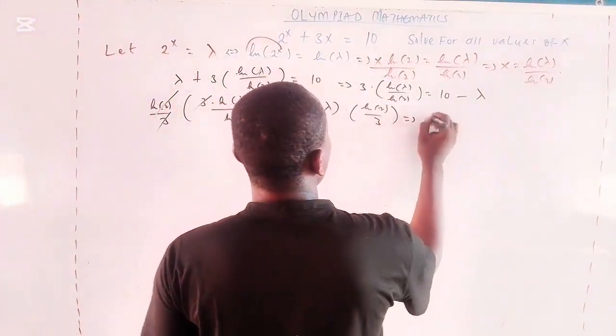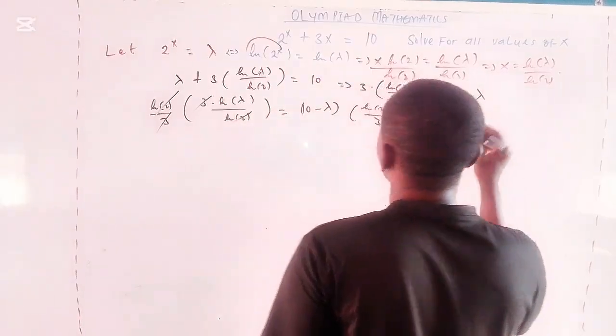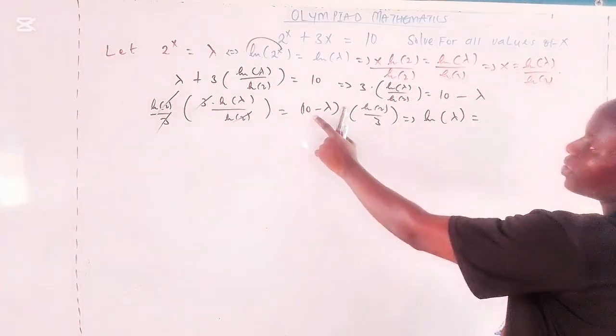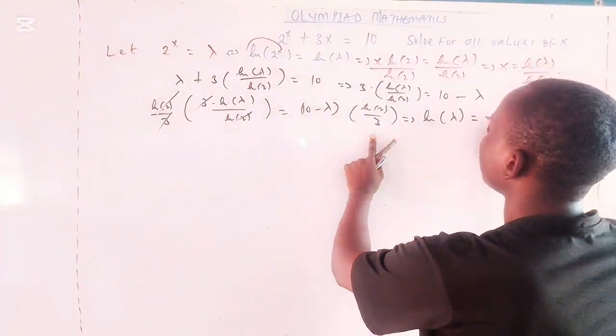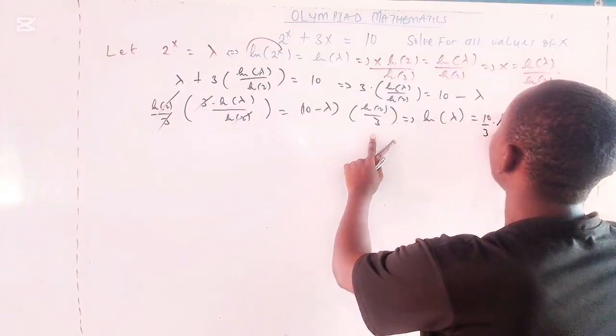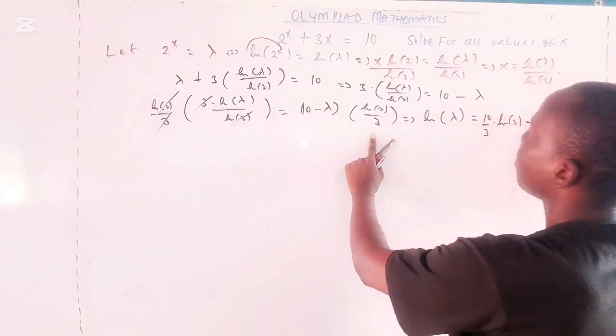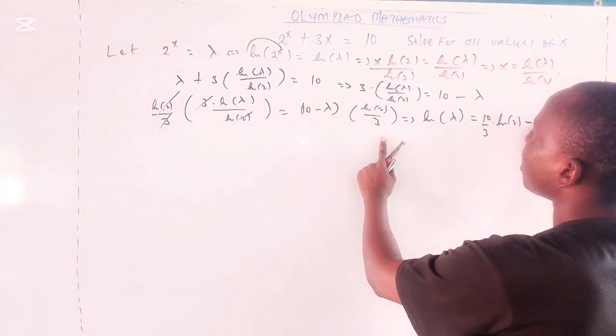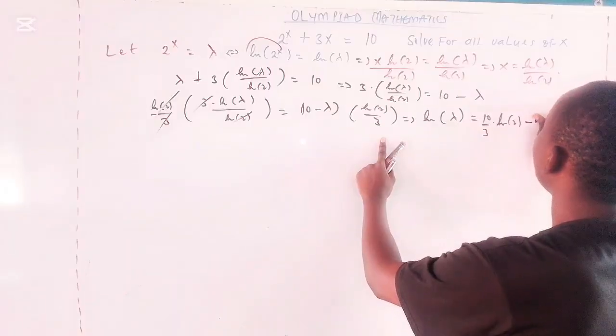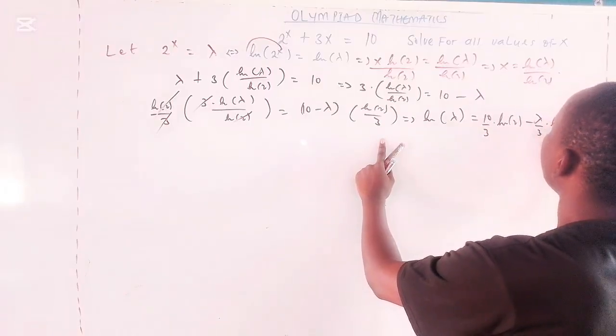What you have now is natural log of lambda is equal to, so you have to open this bracket, 10 multiplied by natural log of 2 over 3, which gives us 10 over 3 multiplied by natural log of 2. Then minus, now lambda multiplied by natural log of 2 over 3 will give us lambda over 3, then multiplied by natural log of 2.